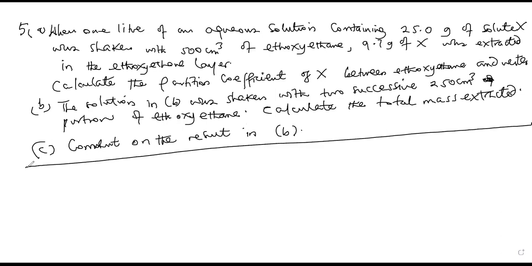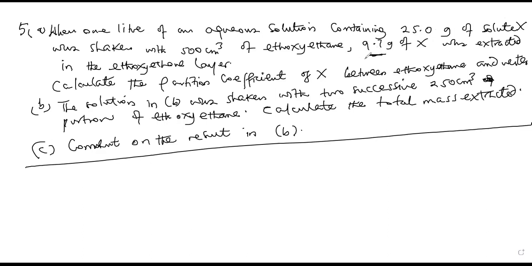Still, this is very easy because you need first to get KD if it is not given. They say that when 1 liter of an aqueous solution, what does it mean? It means that the aqueous solution has 1,000 cubic centimeters, containing 25.0 grams of solute X, was shaken, and 9.7 was found in the ethoxyethane layer.